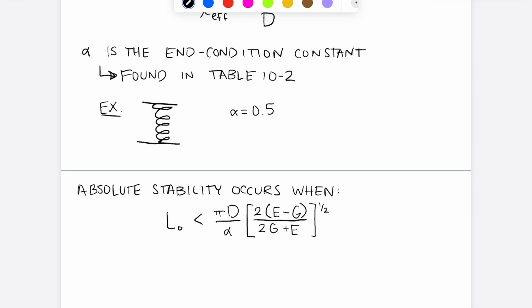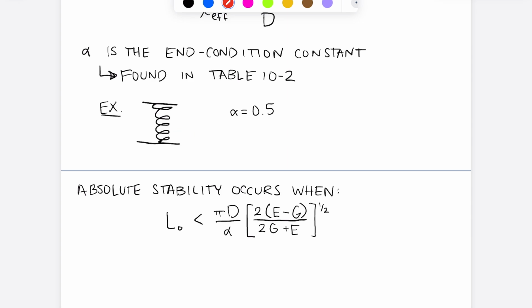So we would like to have absolute stability in many different scenarios where we want to make sure that we're not going to have this kind of horizontal, unstable deflection. And to achieve that, we just need to set our free length of the spring low enough.